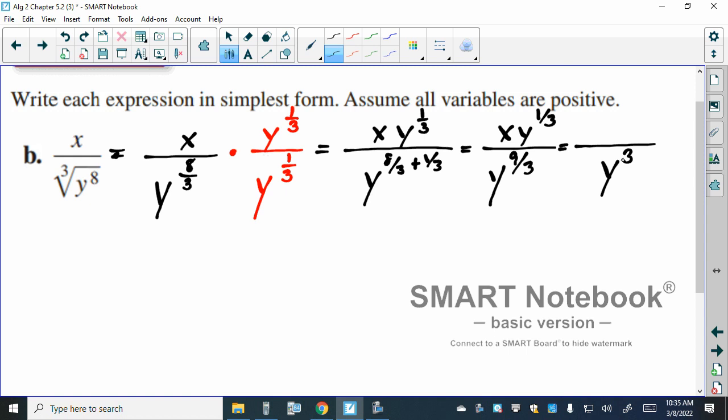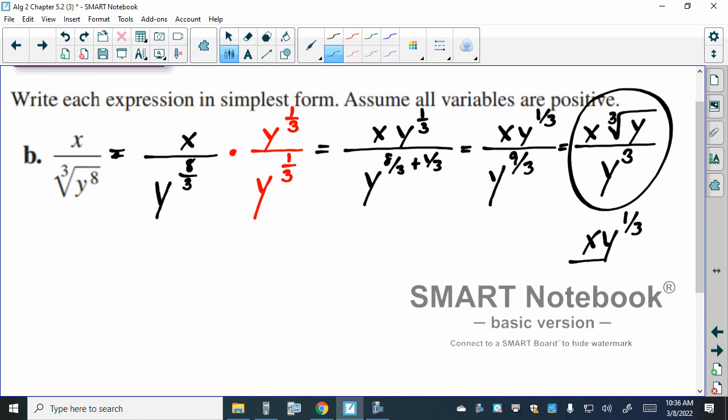For the most part, we could leave it as x times y to the 1/3, or in radical form, it would be x times the cubed root of y, because those are going to be the same thing. And that there's really our final answer. Yes, I would take that. We can say x y to the 1/3 over y cubed.